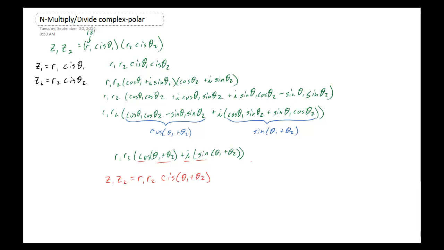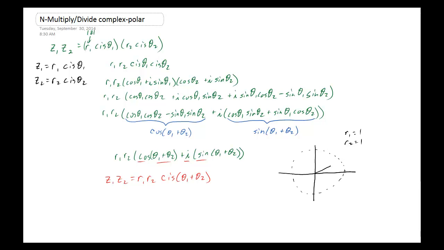But anyway, let me just show you kind of what this would look like if we had put it on an Argand diagram. What does this really mean? Okay, so if we were looking at an Argand diagram, let's just consider right now that r1 equals 1 and r2 equals 1. So we're thinking of a unit circle here. I know that's a beautiful circle.